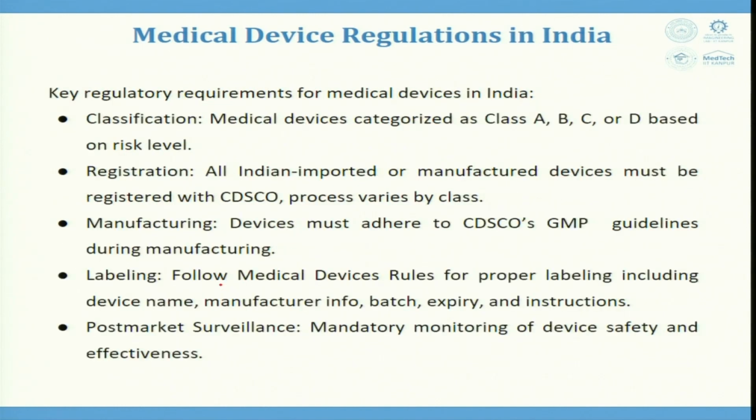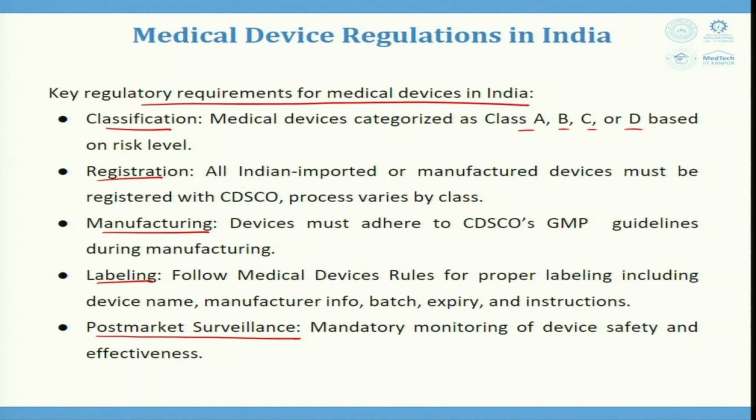Generally, to design a medical device, key regulatory requirements include classification, registration, manufacturing, labeling and post market surveillance. What is classification? Medical devices have to be classified or categorized into classes A, B, C and D. These classifications are based upon the risk associated with the medical devices.